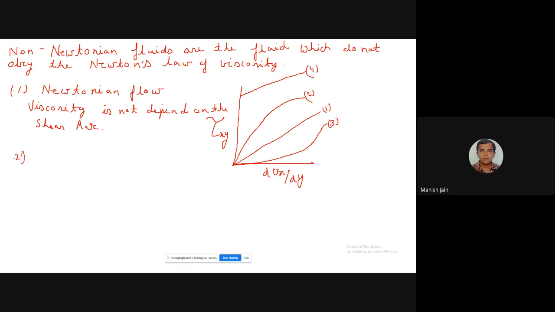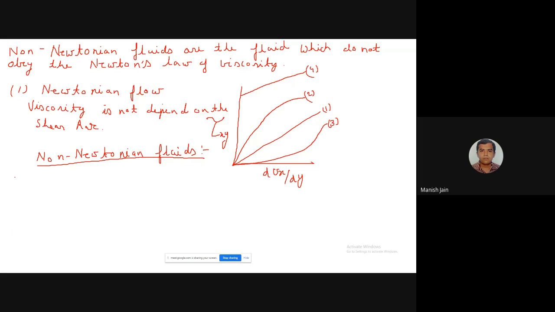Now the second are the non-Newtonian fluids. In non-Newtonian fluids, you have different types of fluids.